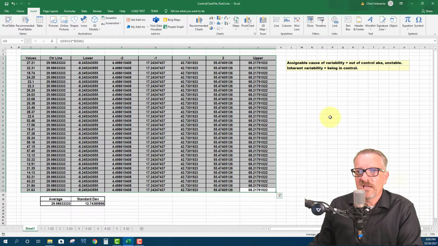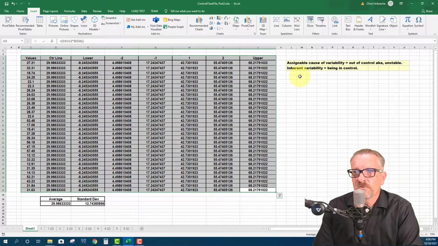Right here on sheet 1, I have some notes on this. When we're using control charts, we're interested in whether a process is out of control. If there is an assignable cause to the variability, then we say the process is out of control. Assignable cause means we can pinpoint what the cause is.